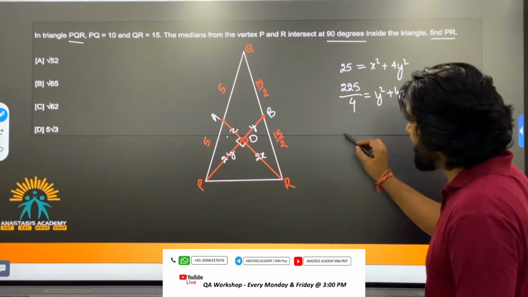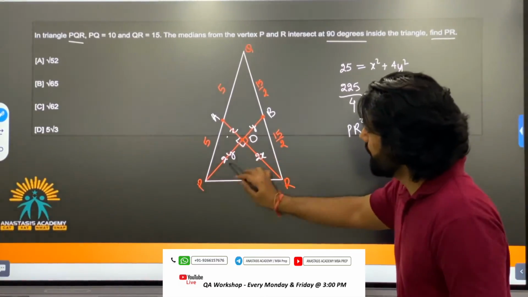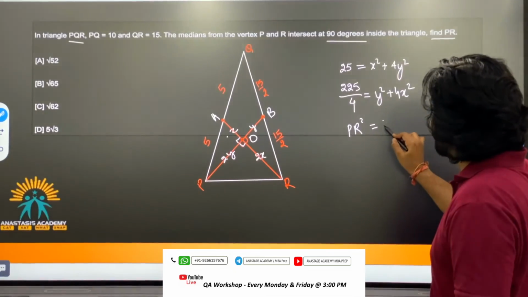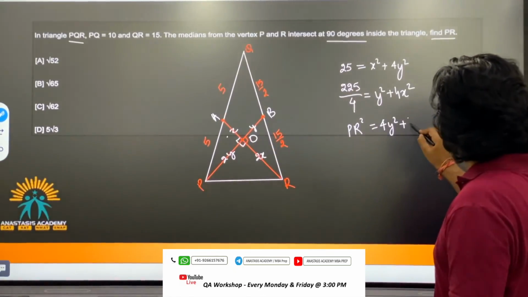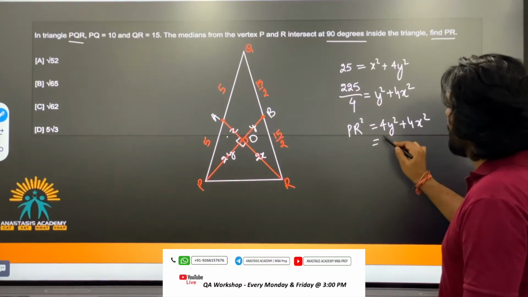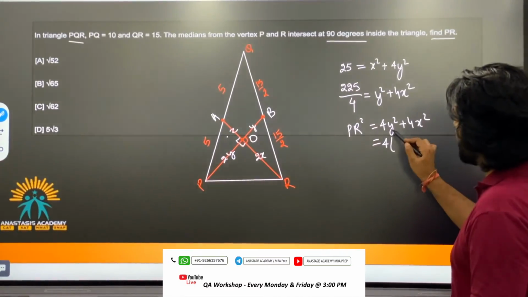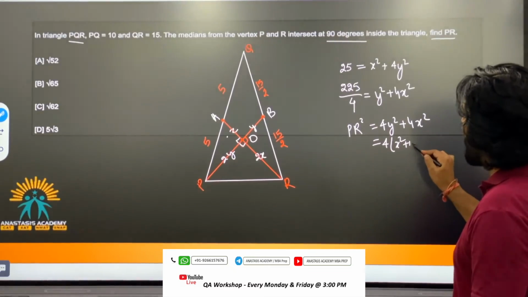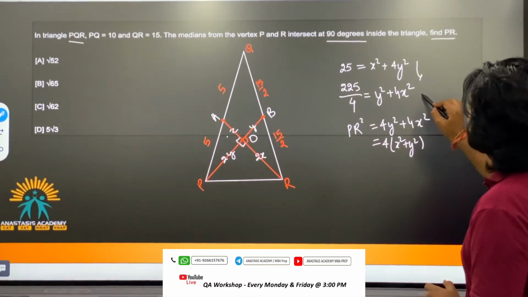So PR square is equal to PO square, that is 4y square, plus OR square, that is 4x square. So to find the length of PR, I need the value of this expression, x square plus y square, which you will get from these two equations.